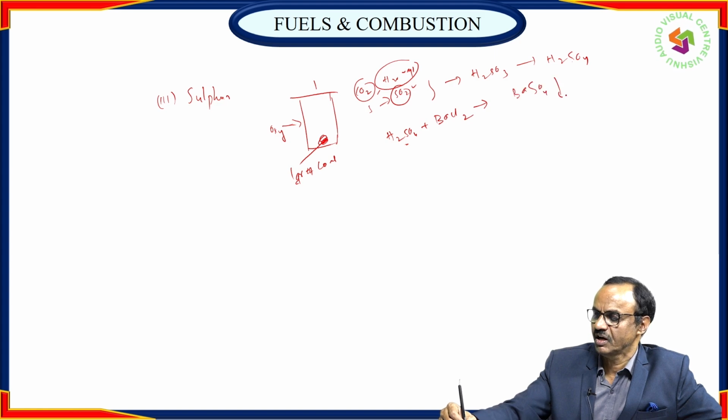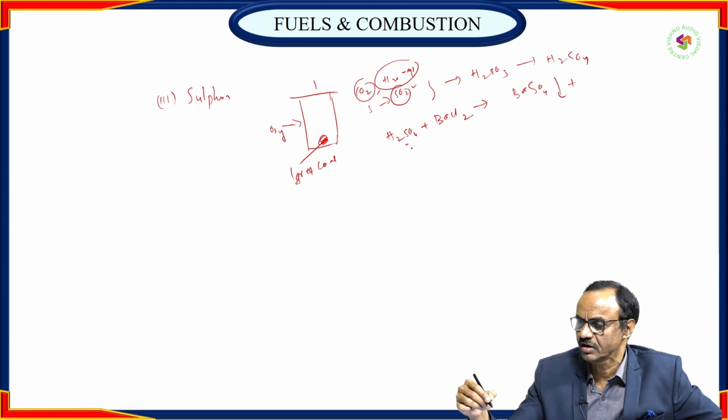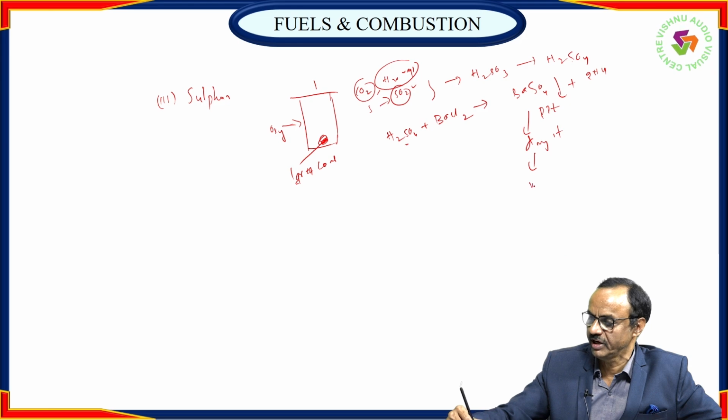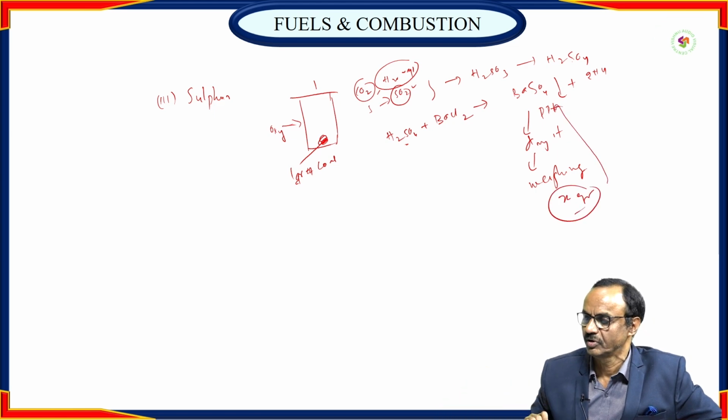It comes out of the solution as a precipitate, along with 2HCl. So a solid precipitate is formed. Dry it and weigh it. Let the weight of this barium sulfate be X grams.